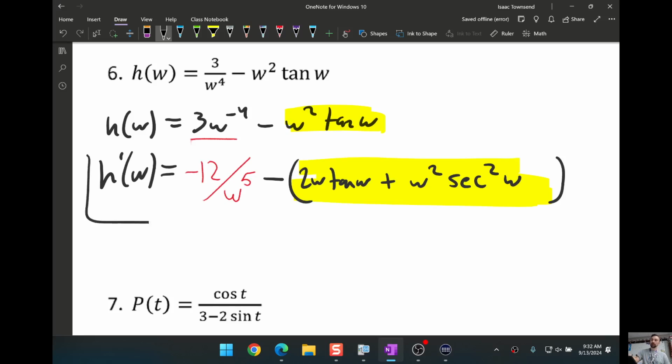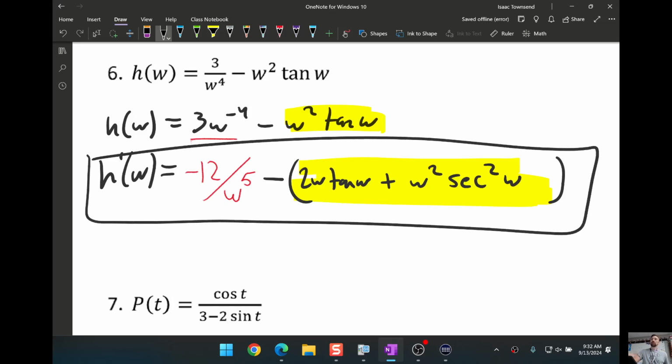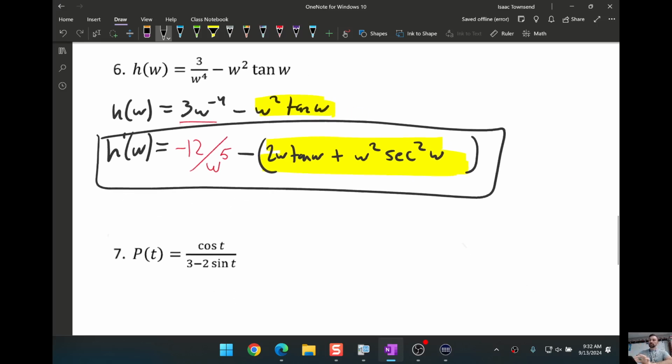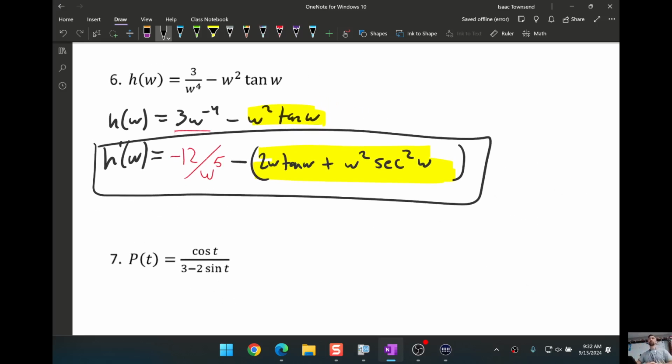That is secant squared. So the first term was just undoing the power rule, but you had to rewrite it first. The second term, your only option was product rule. So make corrections there, please, and then try question 7.